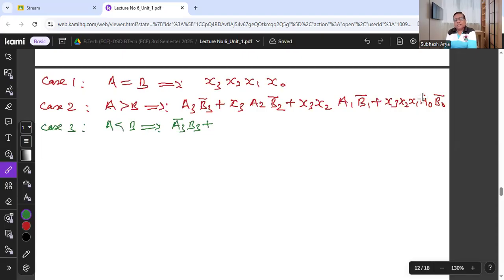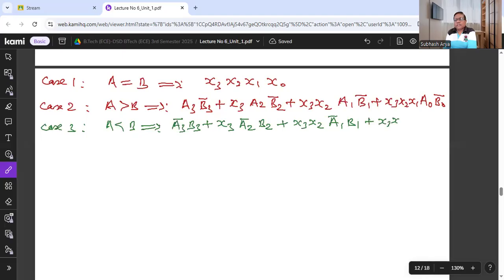If these are equal, then we go for the next lower bit comparison, X3, then A2 bar B2, plus X3 X2 A1 bar B1, plus X3 X2 X1 A0 bar B0.